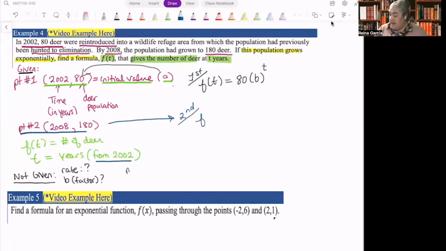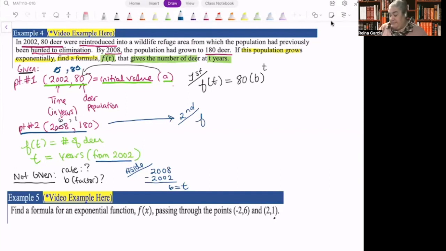So you can do a little aside over here and say, okay, 2008 minus 2002 gives us 6. So that is the t. This equals year 0 because that's when we started, and this equals year 6.